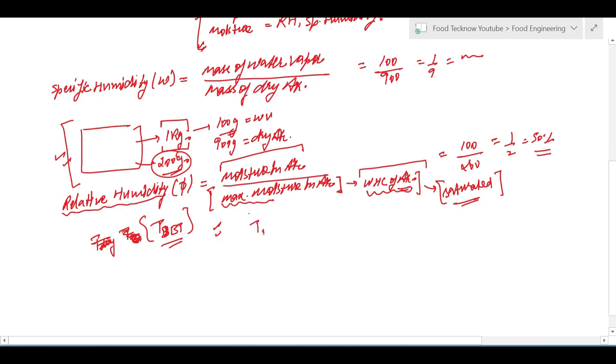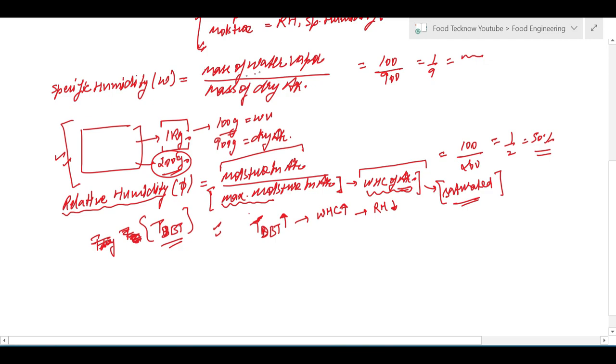So if the dBT increases, then that would mean the water holding capacity of the air will increase, and that would mean the RH will come down. Okay, so there is a negative relation between the temperature and the relative humidity, but the specific humidity will not change because it is the constant thing that is present here.